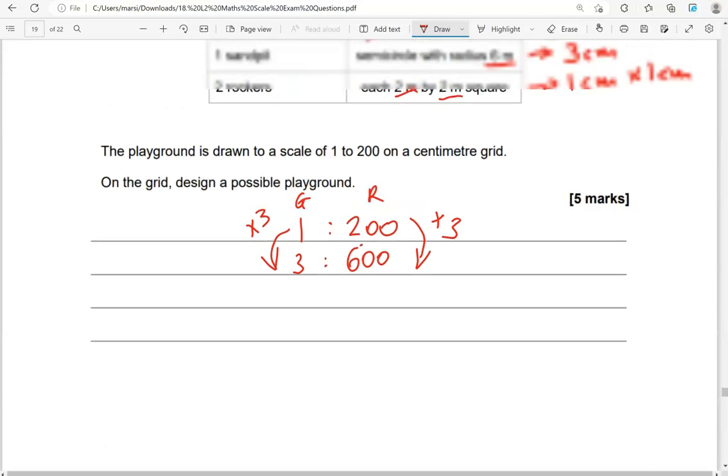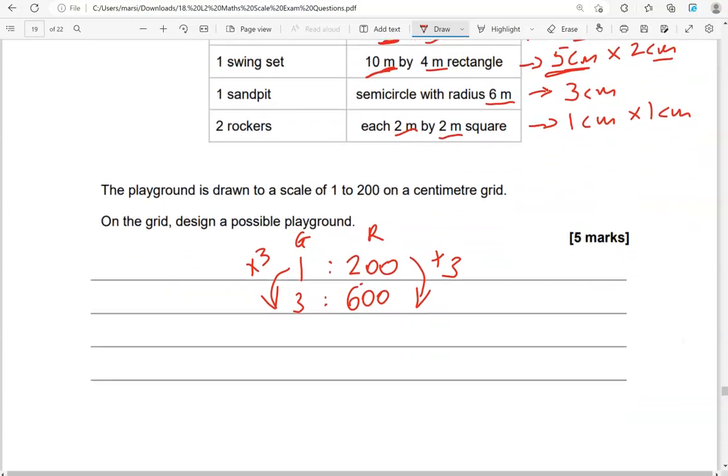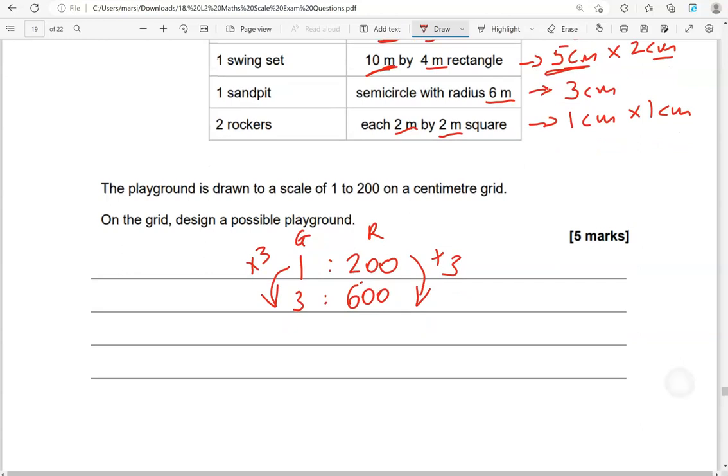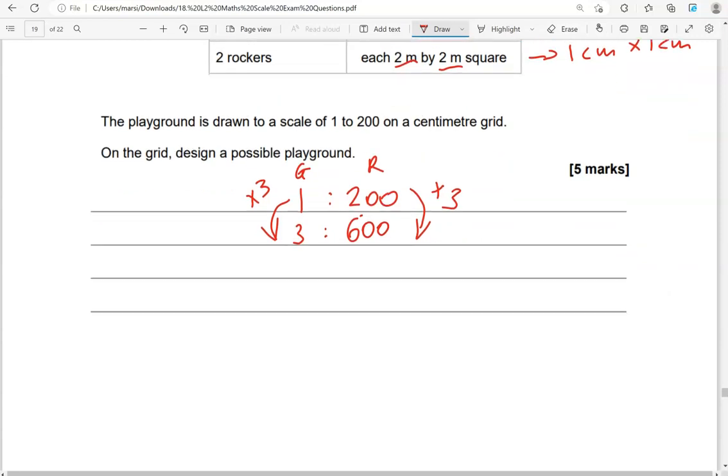Okay, so I removed the swing set, which was 5 squares by 2 squares. So let's see if I can fit that as well as the 2 rockers, which are 1 by 1.